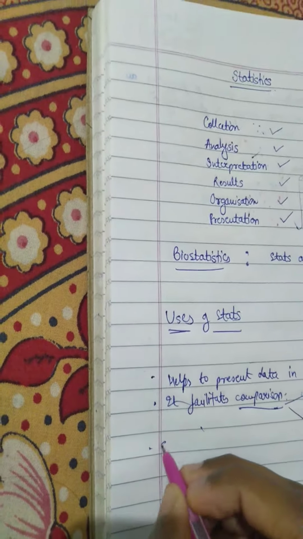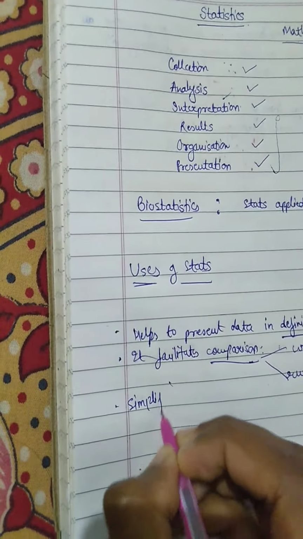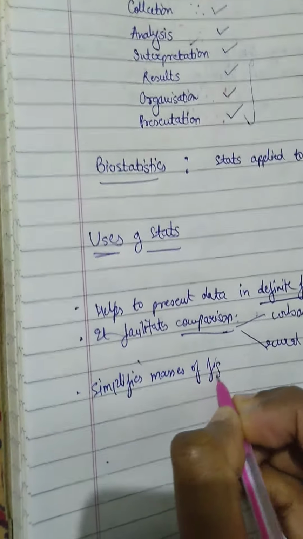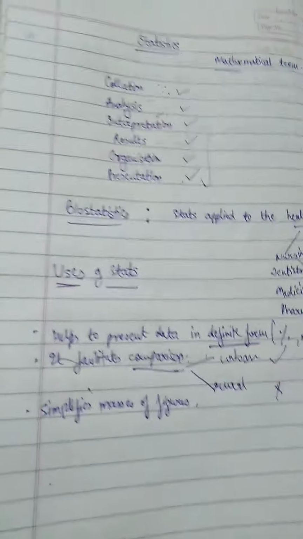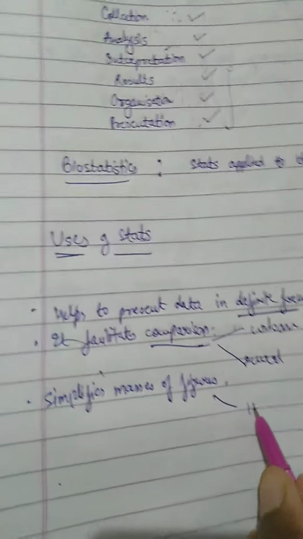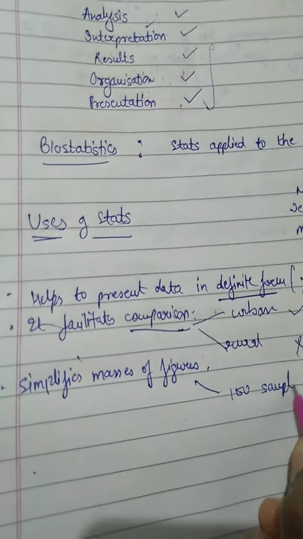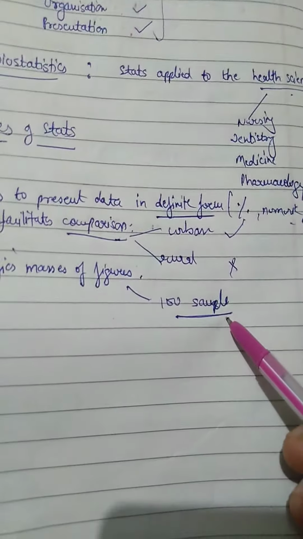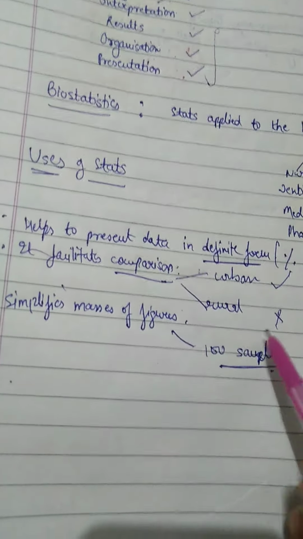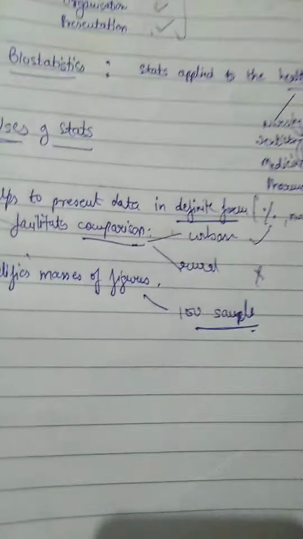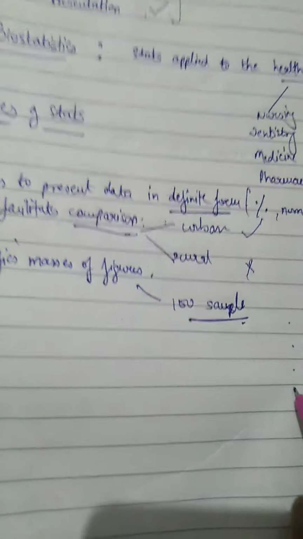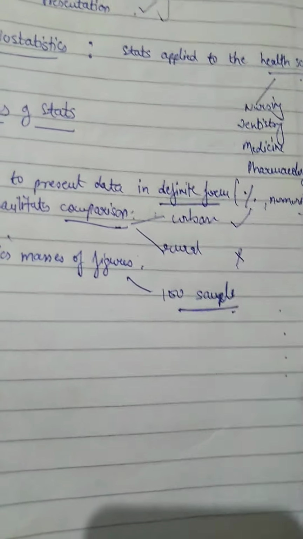And then stats simplifies masses of figure. So what is masses of figure? For example, if you have conducted your study on a sample of 100 and you have administered your tool to the sample of 100, and after that you have collected data from all the 100 samples, it is difficult to present the result of each sample.